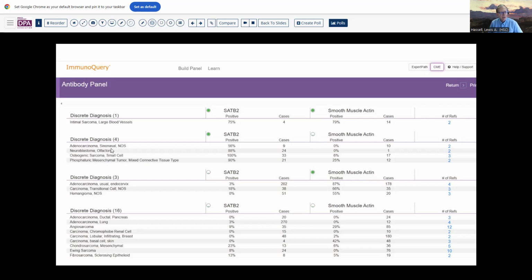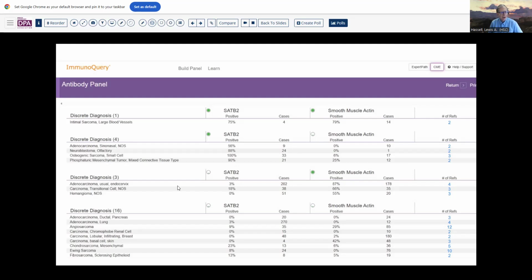Obviously, this is not sinonasal carcinoma or neuroblastoma, but a small cell osteosarcoma is in the differential, with a rare 6% of tumors being positive with SMA, or this diagnosis of phosphaturic mesenchymal tumor having 25% of its cases staining with smooth muscle actin, and a reasonable number of cases processed to develop that.